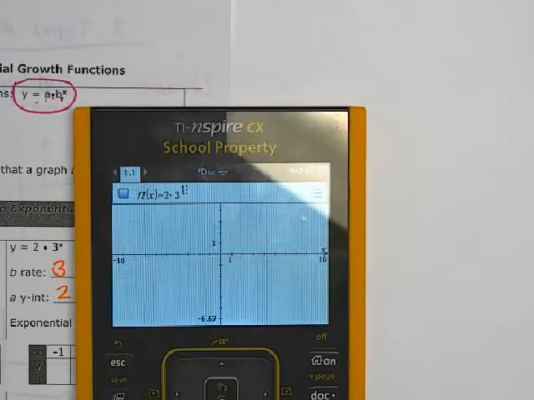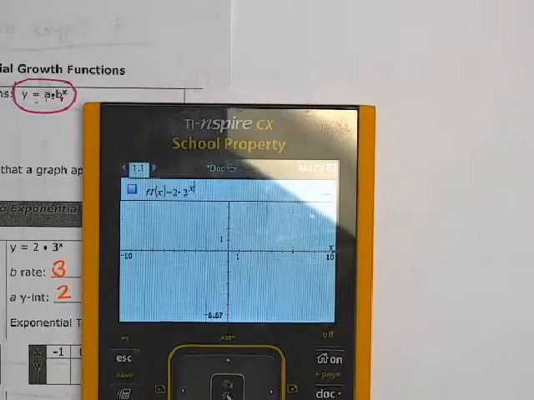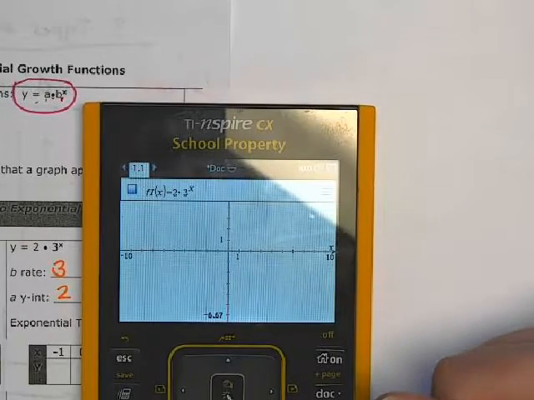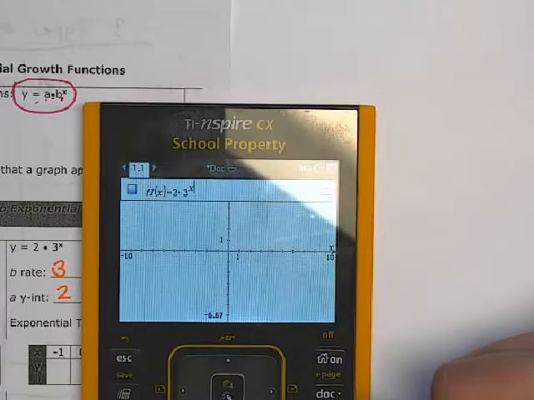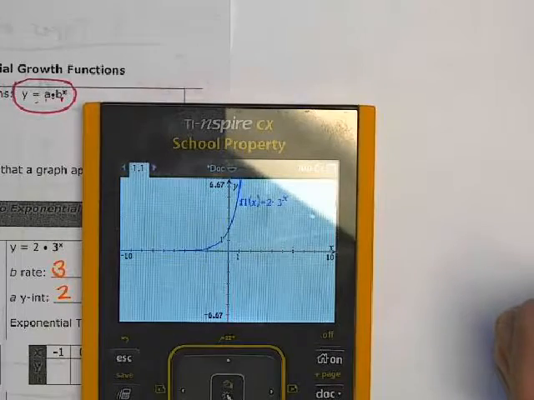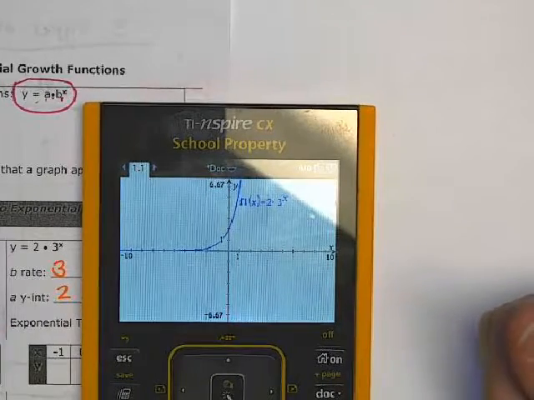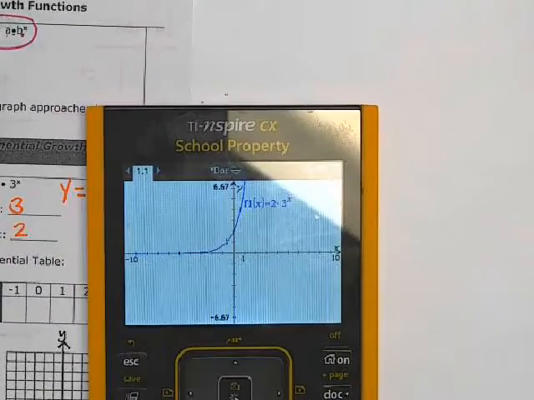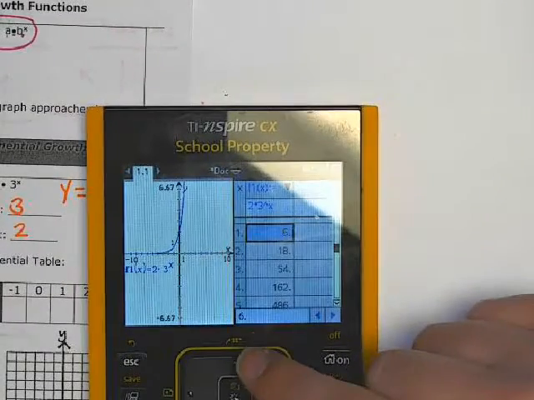And it will give you the little exponent box, and then we're going to put x. So everybody should be plugging this in their calculator. Then hit enter. Does that look like the one we drew on the back of the paper? Yeah. Okay. Then Control T, and let's fill out our table.